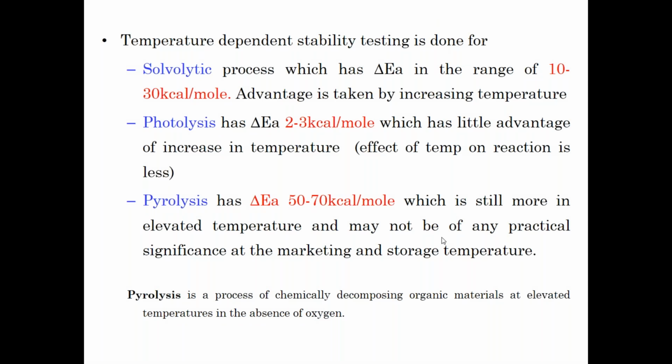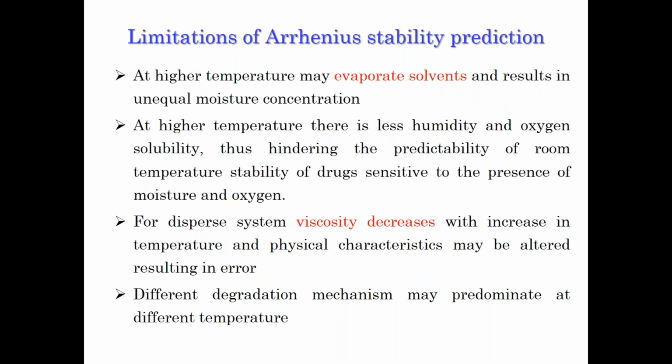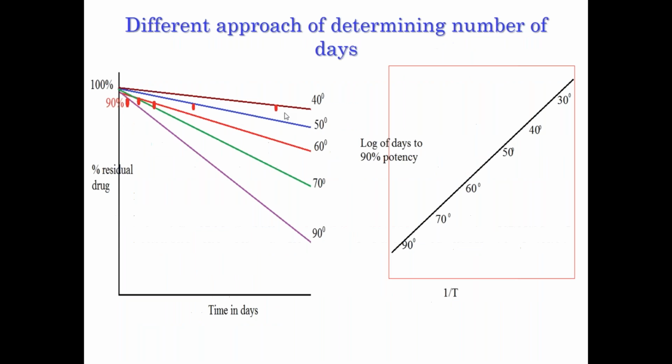Then that is an ideal candidate for understanding its degradation process. And even if it has the Ea value in the required range, there are other things which can limit its application, these are the points. Even then there are limitations associated with this. So that's about the accelerated stability study.